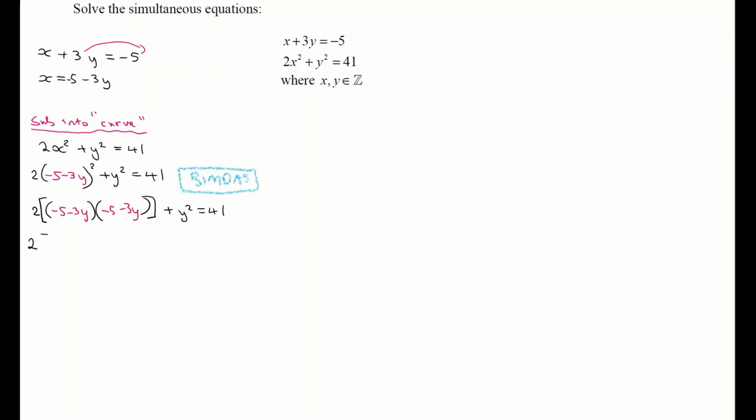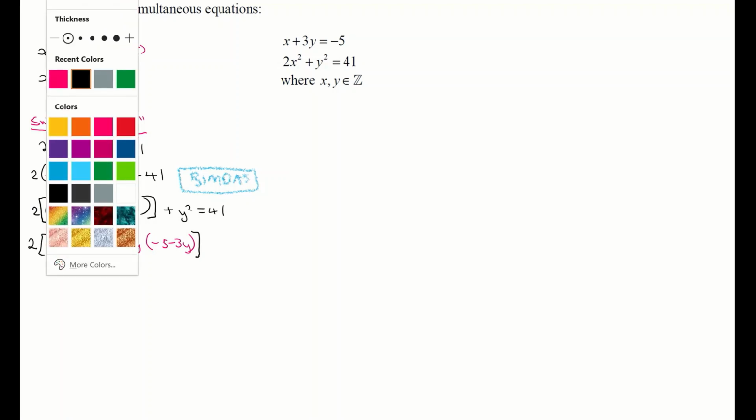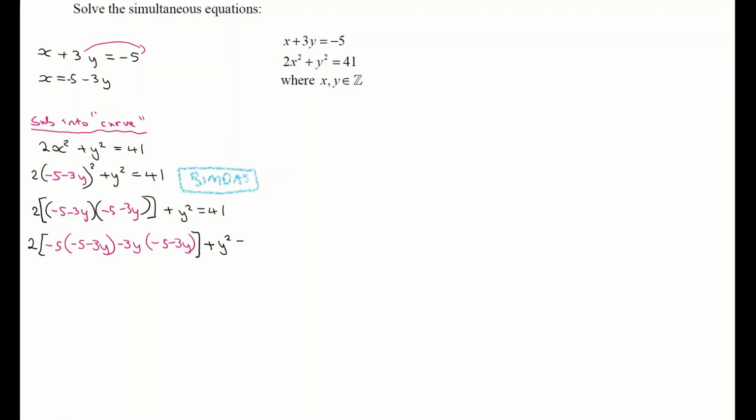Multiplying in now inside these square brackets, it's the first term by the second bracket, so it's minus 5 multiplied by (-5 - 3y). And then it's the minus 3y from the first bracket times the second bracket. And I'm just going to make sure that I enclose them in those square brackets. And then it's plus my y squared equals 41.